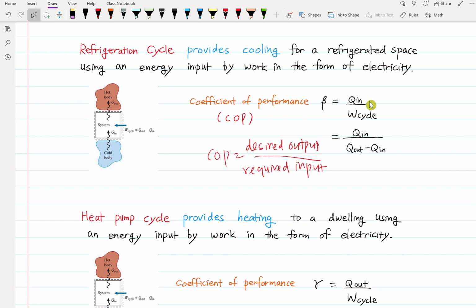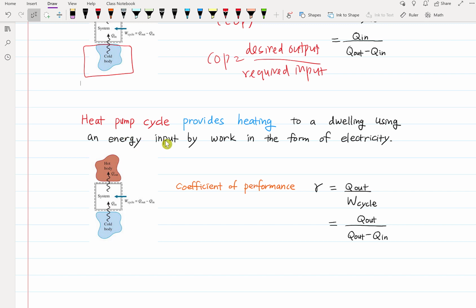Refrigeration cycle is to provide cooling. So we are interested in the cold body. How much heat is removed from the cold body? So the coefficient of performance beta is the desired output Q in, over how much work is required to move the heat from low temperature to high temperature. So the required input is W cycle.